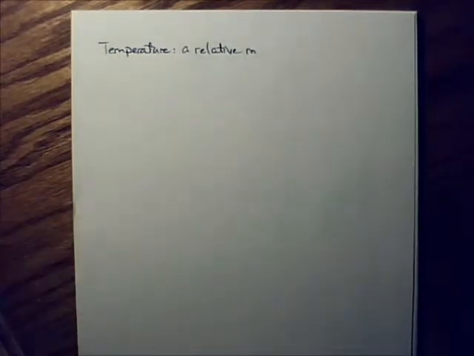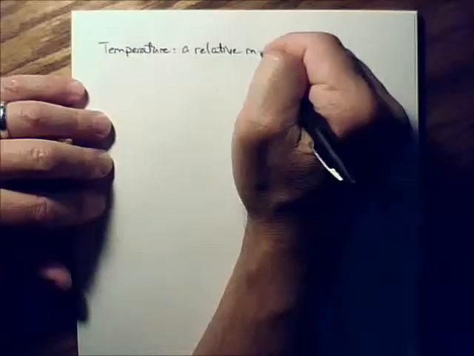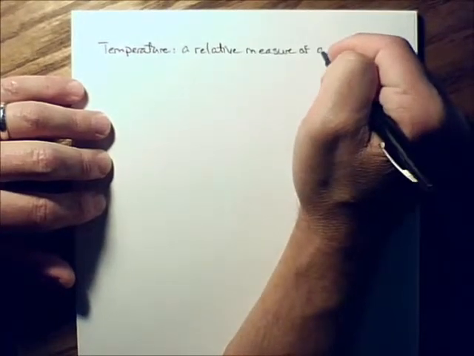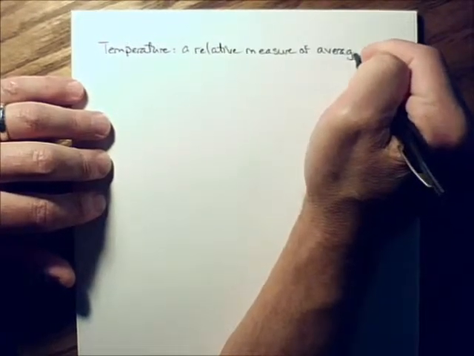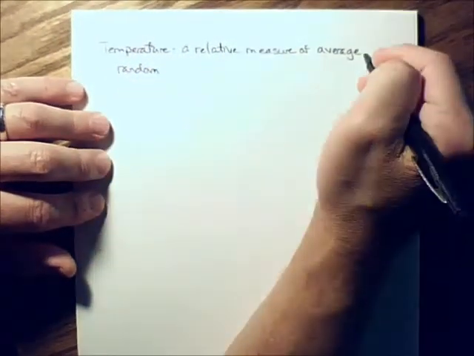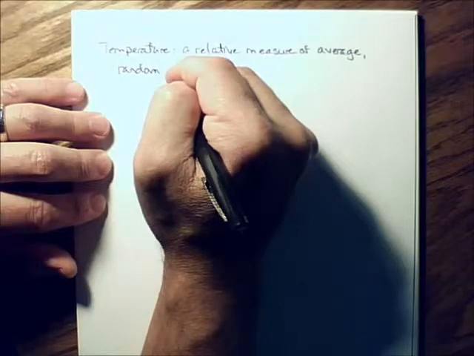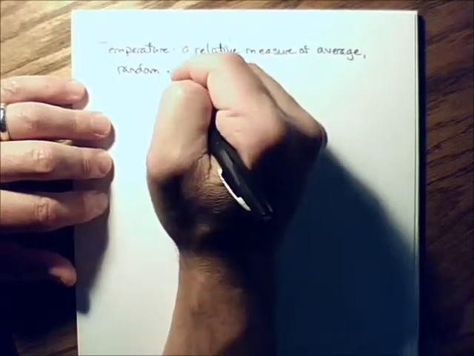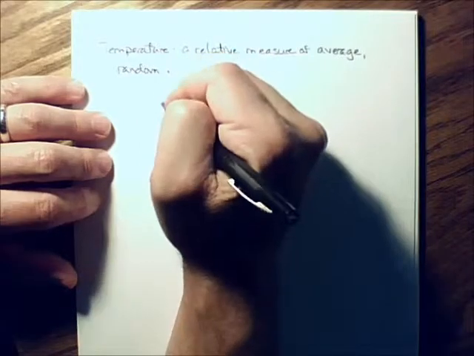It's comparing one thing to another. A relative measure of the average random, well, let's say motion. We should say velocity, I suppose.